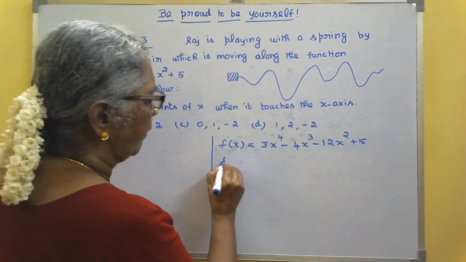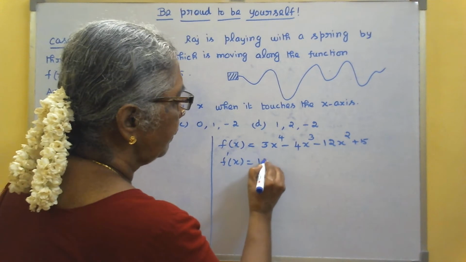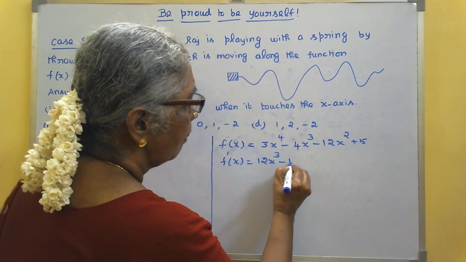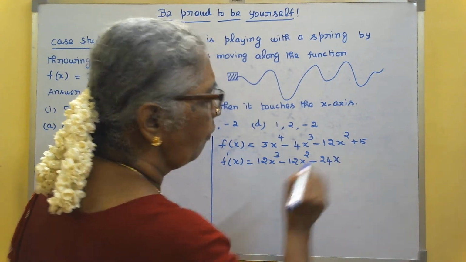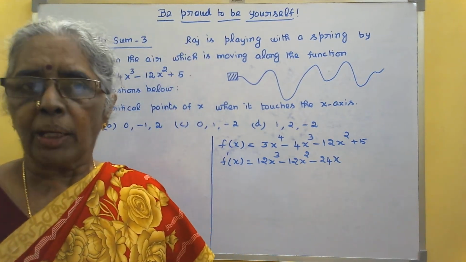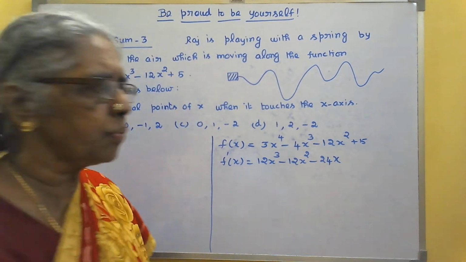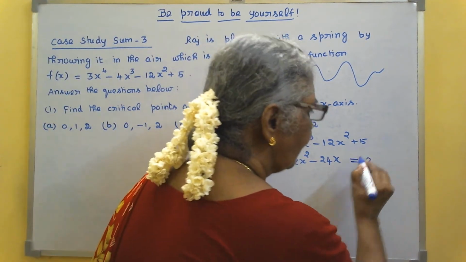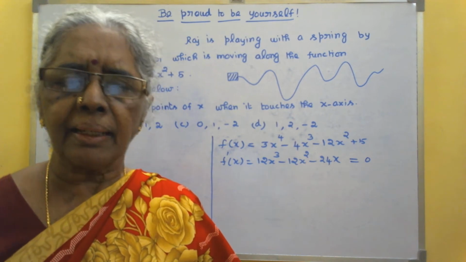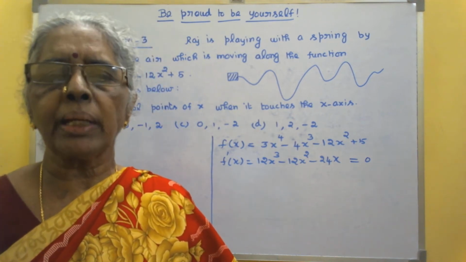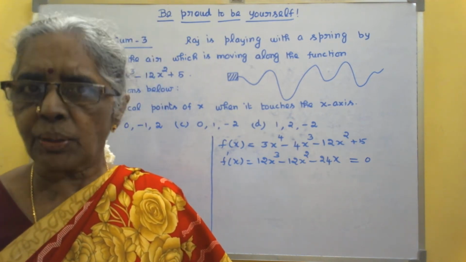So let us find f dash of x. That will be 12x cube minus 12x squared minus 24x. Now we have to equate the first derivative to 0. Generally, for factorizing any function, take out the common factors. That is the first thing you have to do.